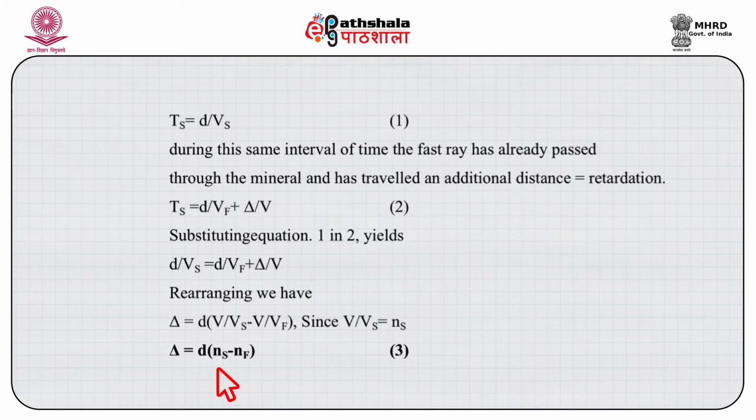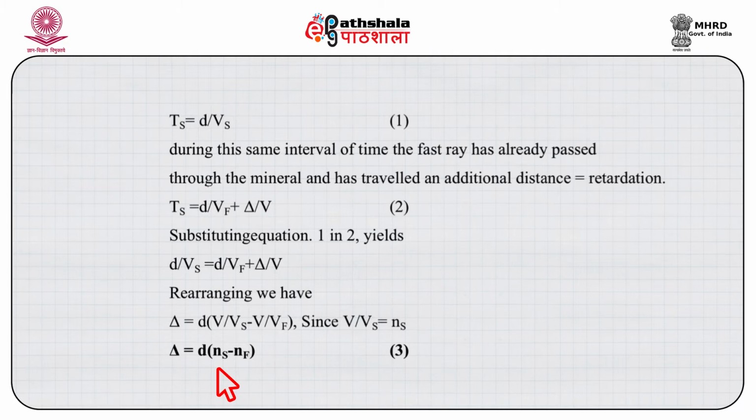The relationship, that is the difference of refractive index of the slow ray minus the fast ray, is called birefringence, which represents the difference of the indices of refraction of the slow and the fast ray. In anisotropic minerals, along the optic axis, as I have mentioned earlier, the light does not split into two rays, and we will have 0 birefringence.